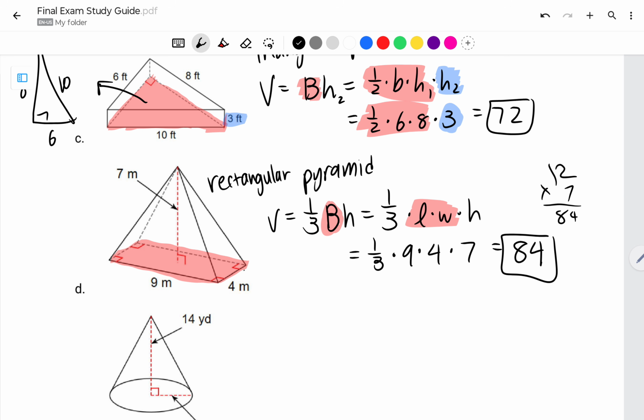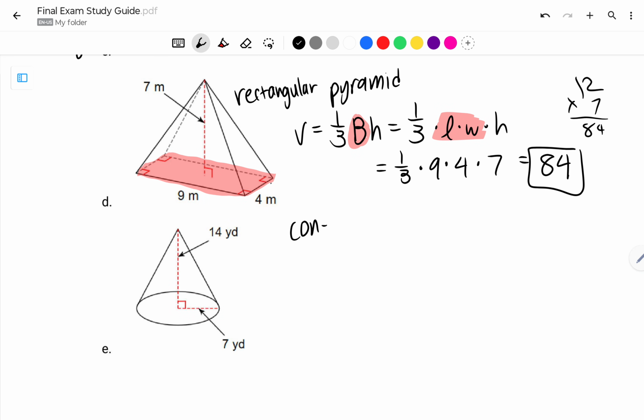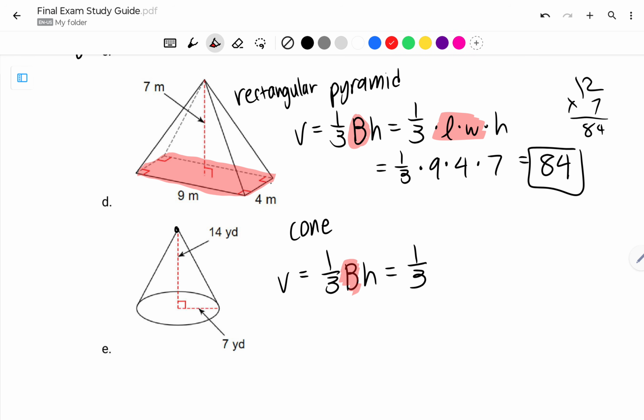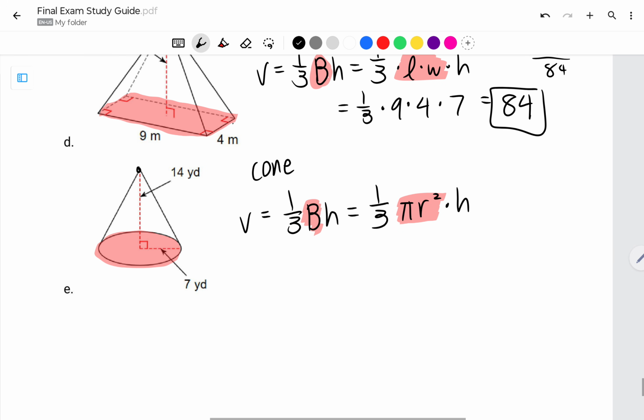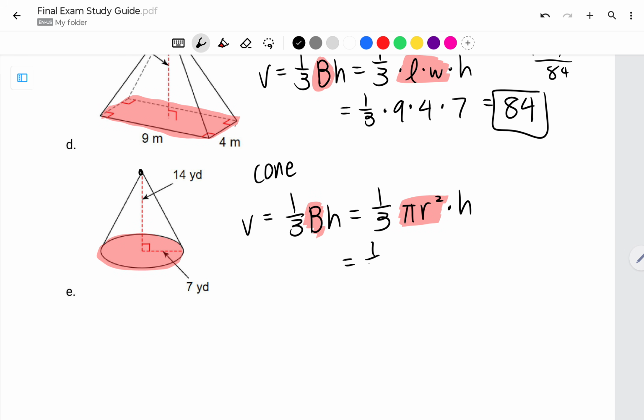Yeah. Last one. This one's a cone. Again, it comes to a point. It has an apex. So that's going to be 1 over 3 times the area of the base times the height. What's the base shape here? It's a circle. So again, that's going to be pi r squared. And then the height, you can kind of see, radius is 7.